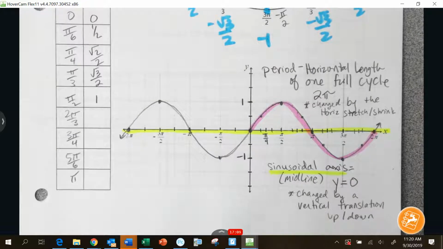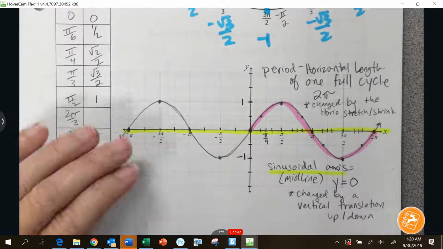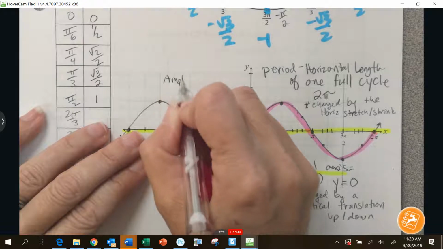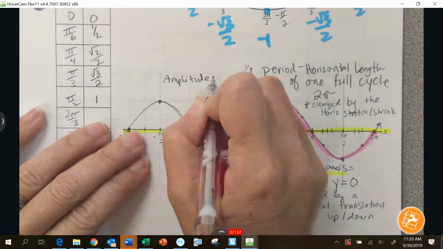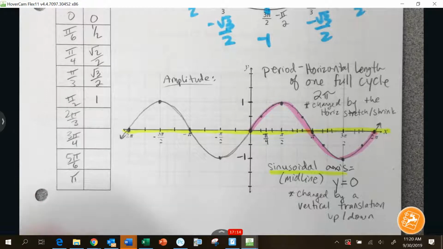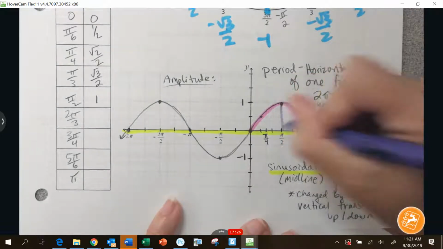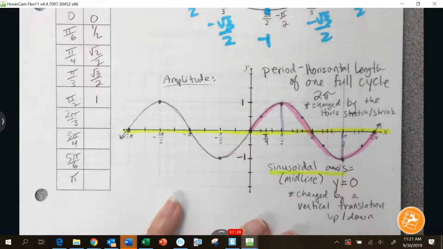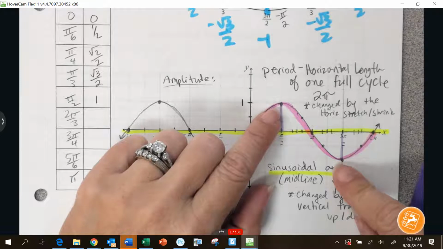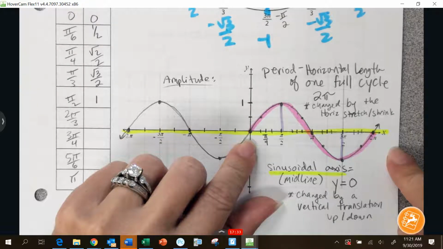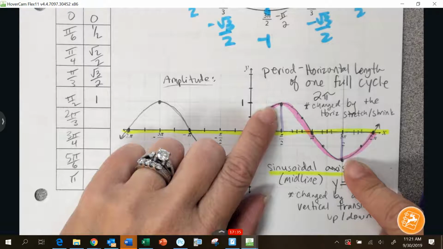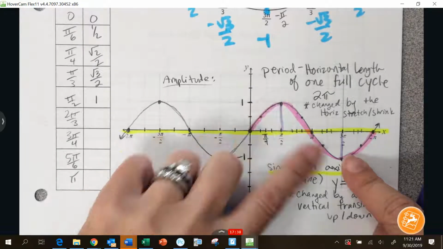We have another vocab word, and that is called amplitude. The amplitude is how far above and how far below the peaks and the valleys are from that midline. How far above and how far below this graph goes from the midline.